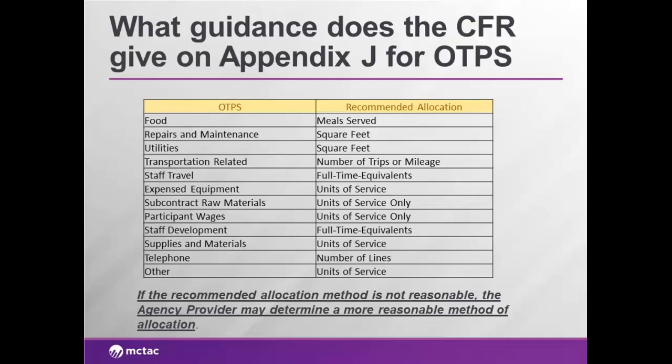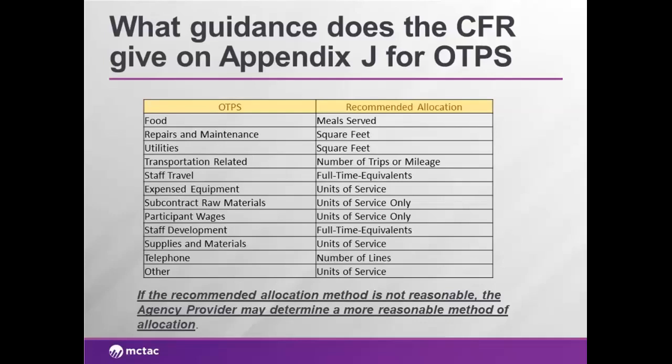OTPS is your operating costs, such as food. A simple way of doing that would be meals served. You'll see we already talked about repair and maintenance and utilities. You're going to use your square foot methodology for allocating that. You may have transportation-related costs that are shared across programs. Well, you're going to use number of trips or mileage.